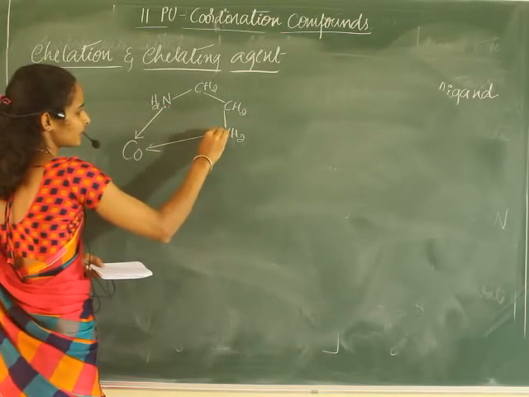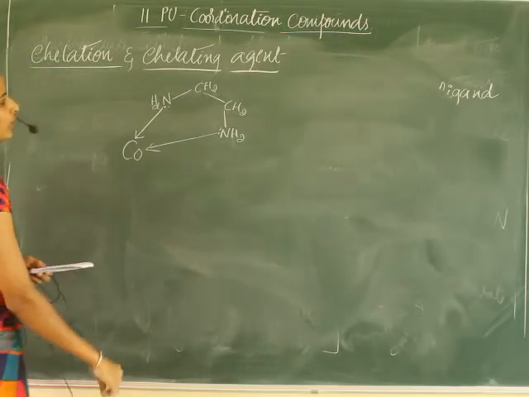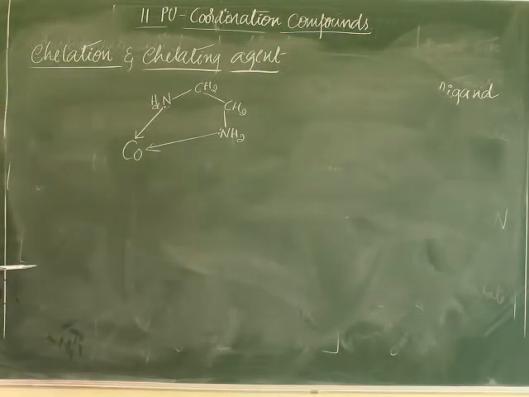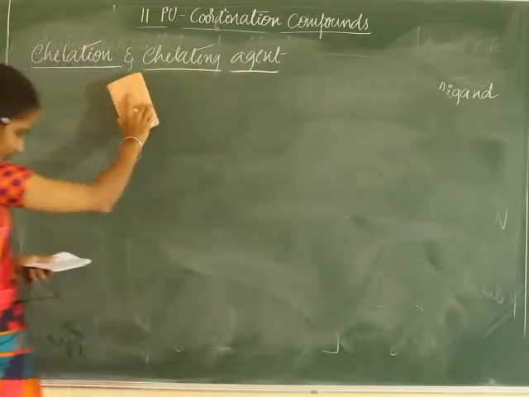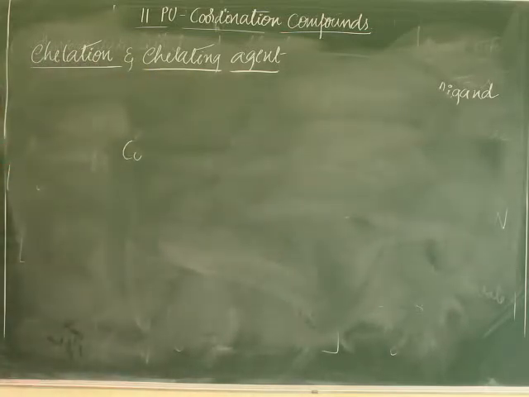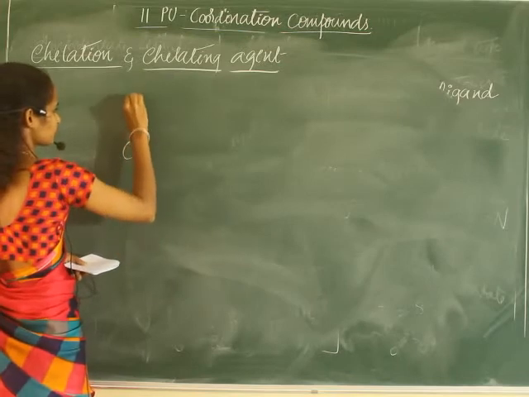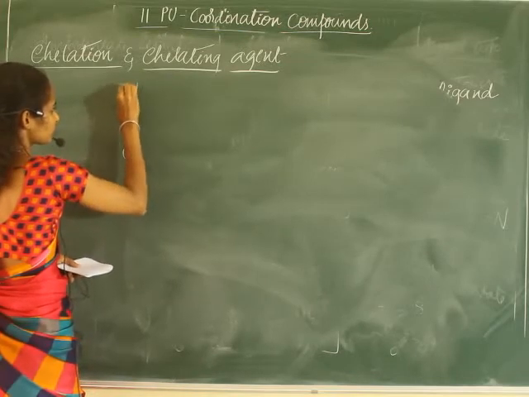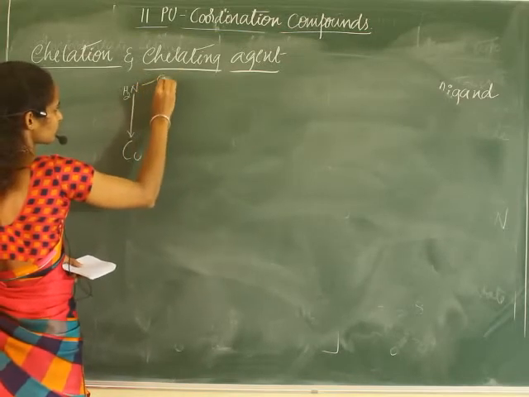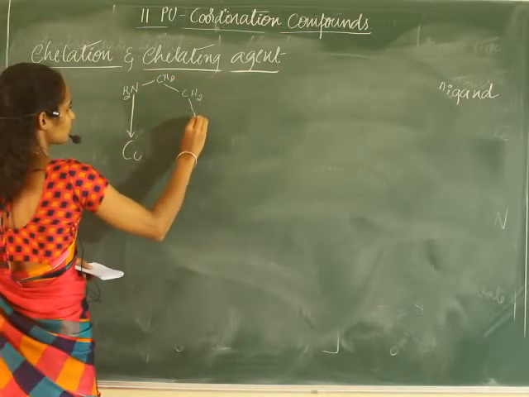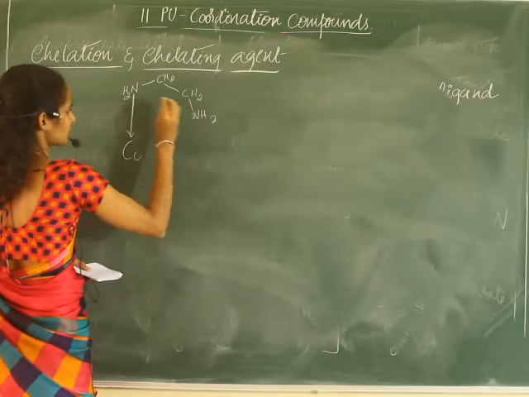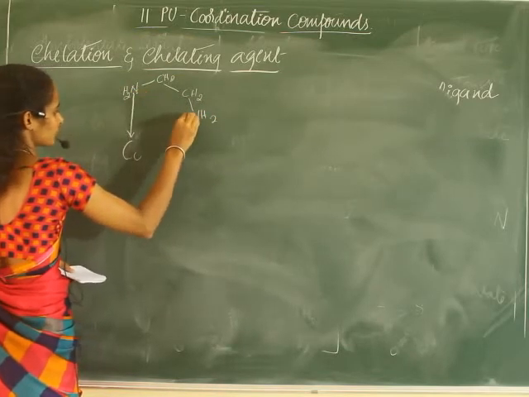It's a bidentate ligand. It can donate electrons. In your textbook the structure is given like this, so I'll refer to that only.